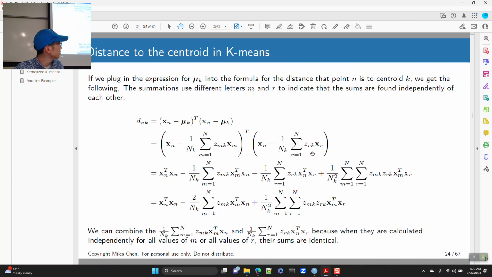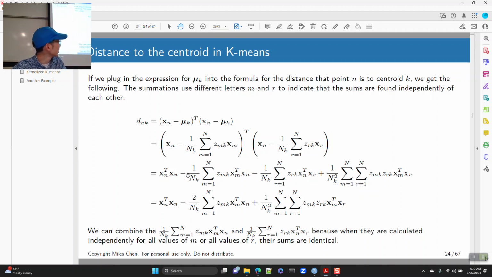And so we have two letters going on. This is the part that gets a little bit weird and wonky. But, from point N to the centroid, we're going to do this. And so when you take the product of this, this is what we get.